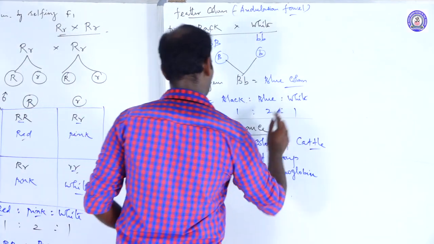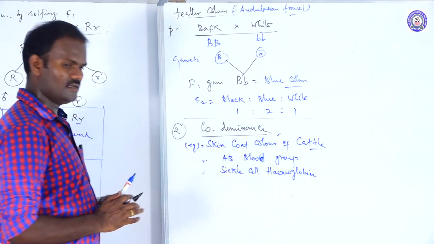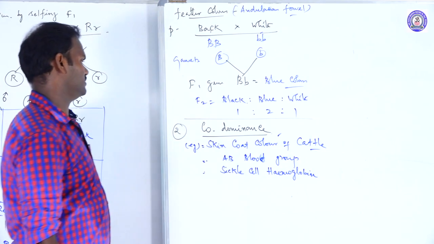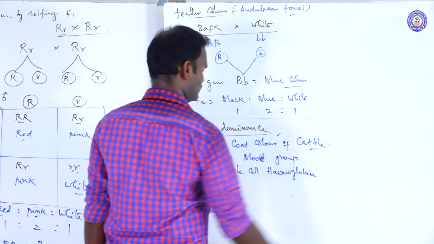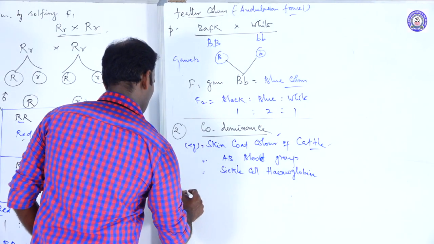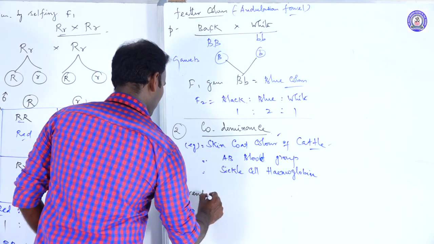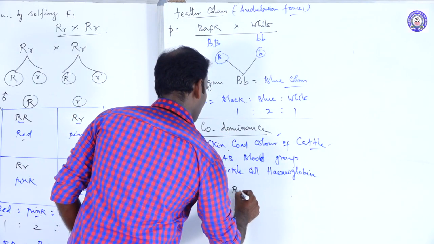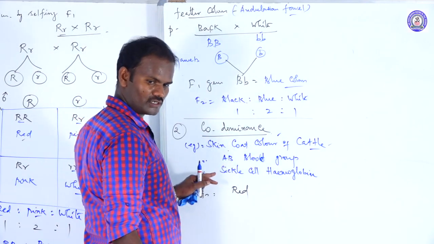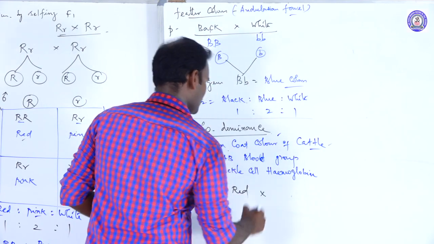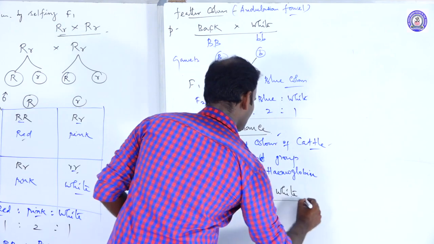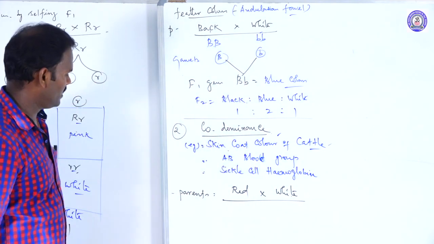The next one will be one. First, let us understand by taking the example of skin coat color of short horned cattle. One of the parents has a red skin coat color, crossed with white. These are the parental generations.